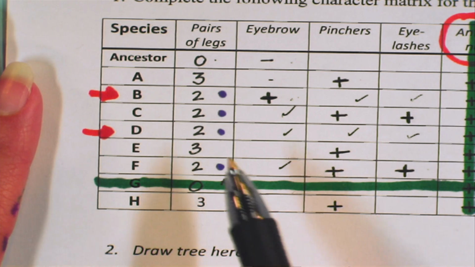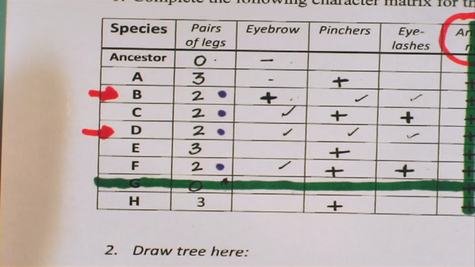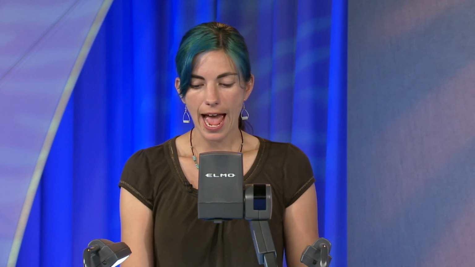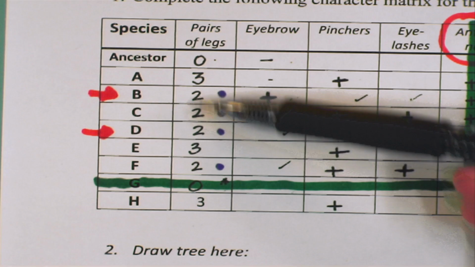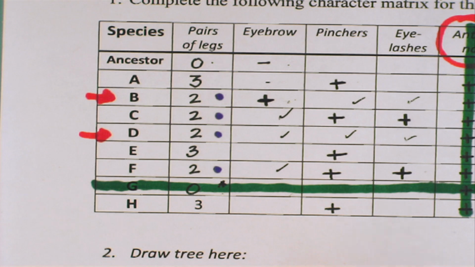Okay, so let's take a good look. What you maybe want to do, to make it easier, is to redraw your character tree and just add the ancestor, B and D, and just make a reduced one to really see the differences. Sometimes when there's too much stuff going on, it's a little difficult to see the trends.